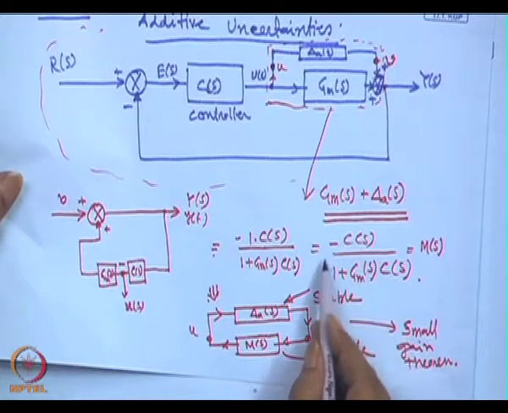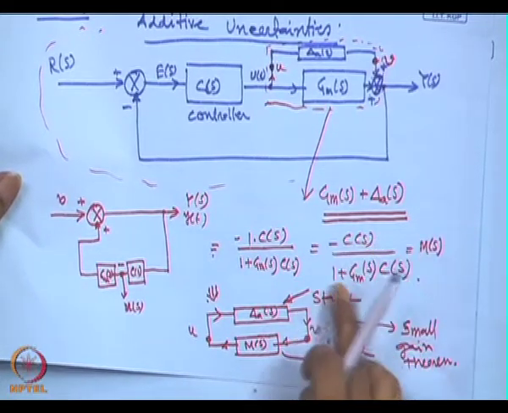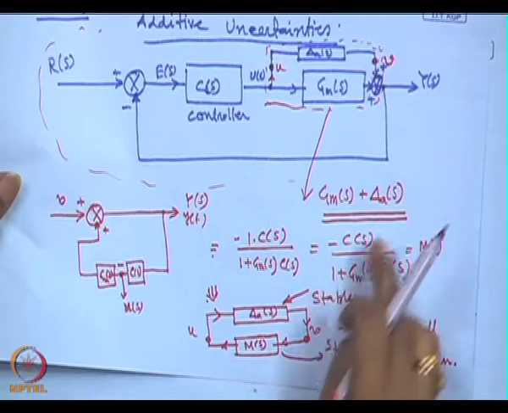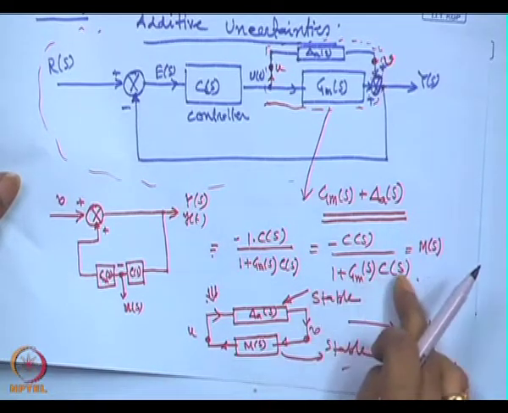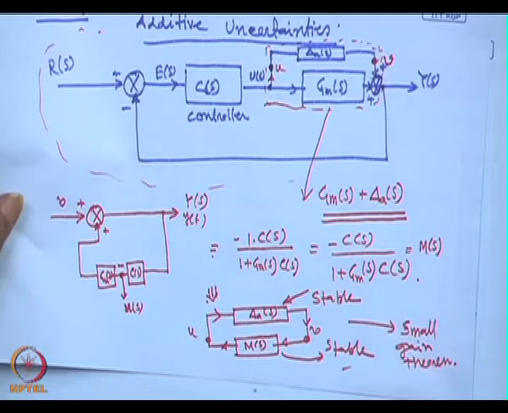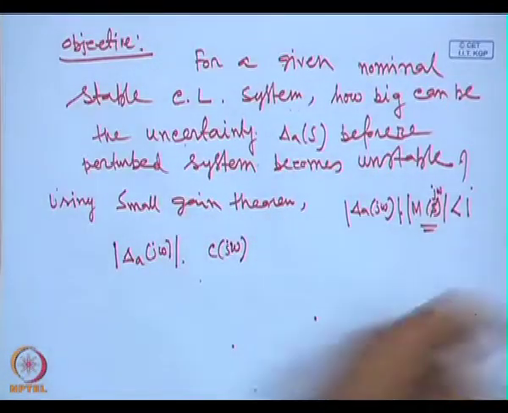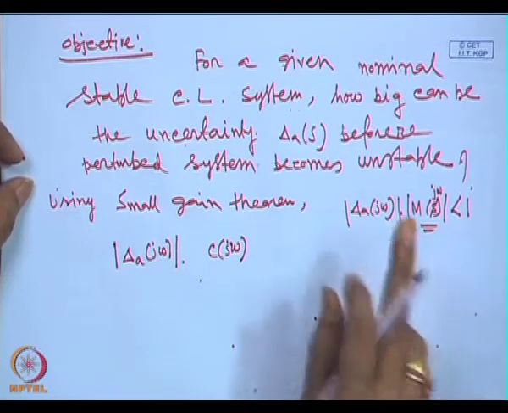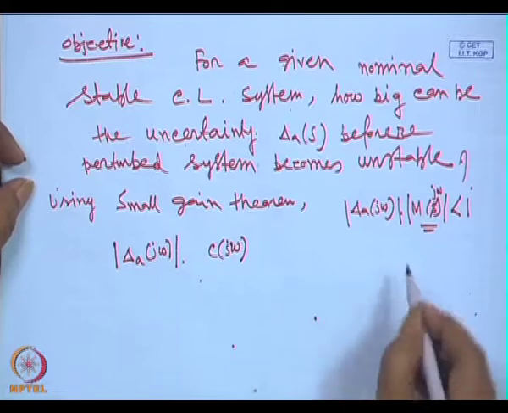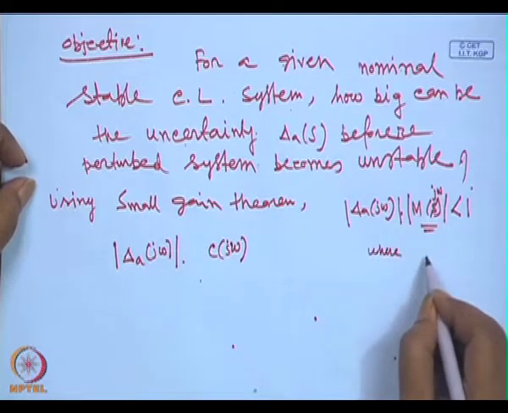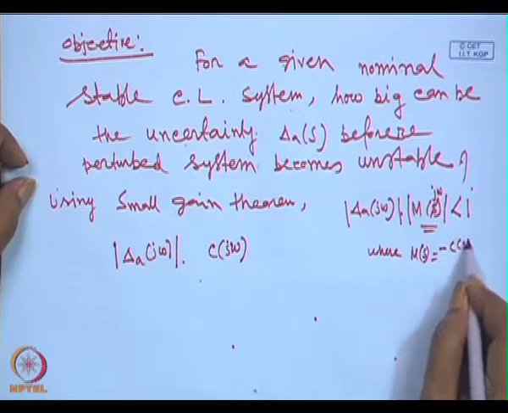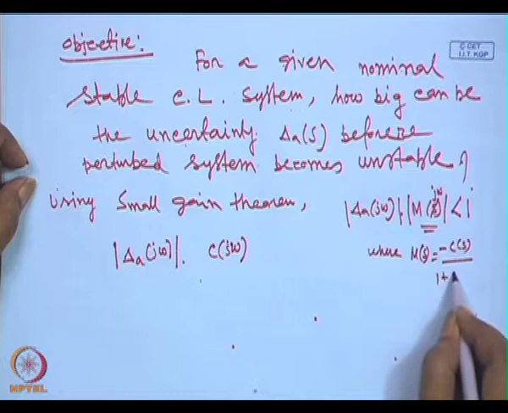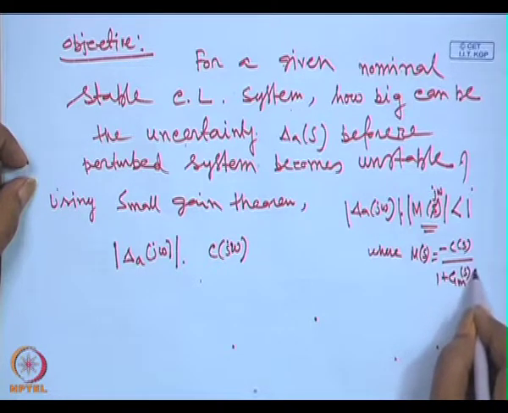What is M? We have calculated this: C(s) times 1 by 1 plus G_m(s)C(s), which is the sensitivity function for the nominal plant. So, M(s) is equal to minus C(s) divided by 1 plus G_m(s)C(s).